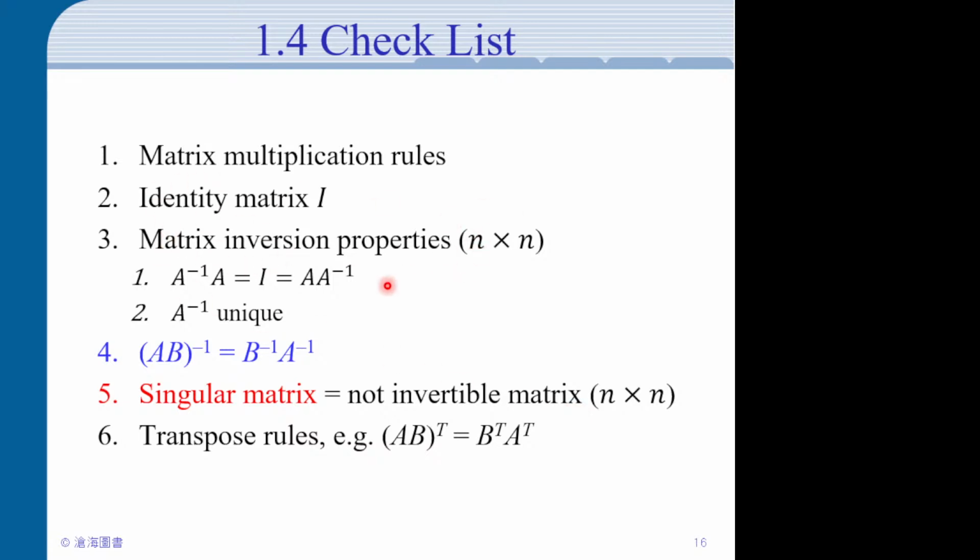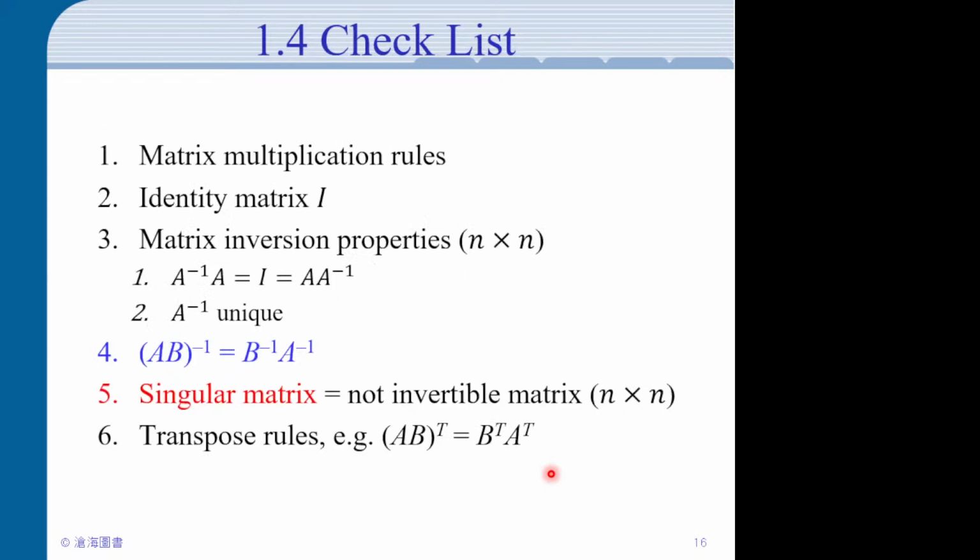We have properties of inversion: the inverse of A is unique. The product of two invertible matrices is also invertible, and its inverse is B inverse times A inverse. You also have similar rules for transpose: AB transpose equals B transpose A transpose.